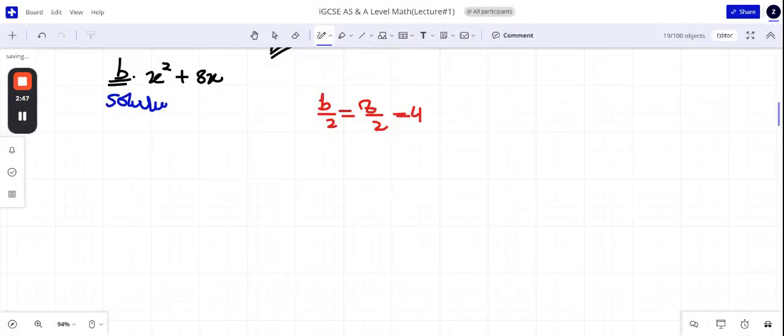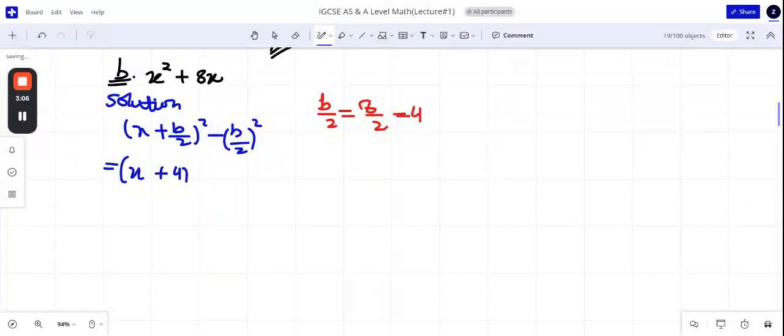The solution of the quadratic expression by using the completing square is (x + b/2)² − (b/2)². So now x we will keep the same, b/2 we found is 4, so it would be (x + 4)² minus 4², and then (x + 4)² will remain the same minus 4 square, which becomes 16.